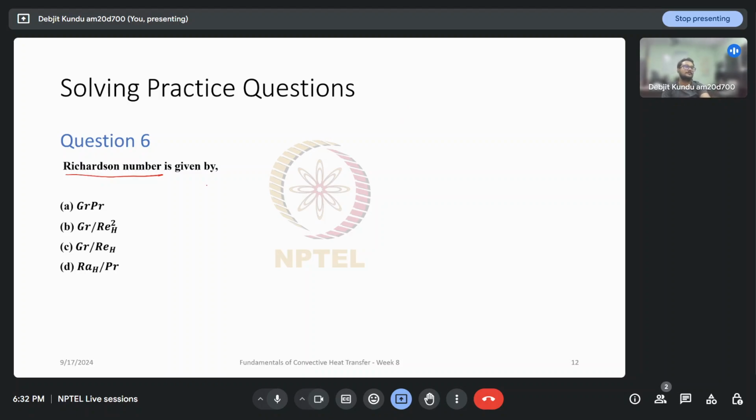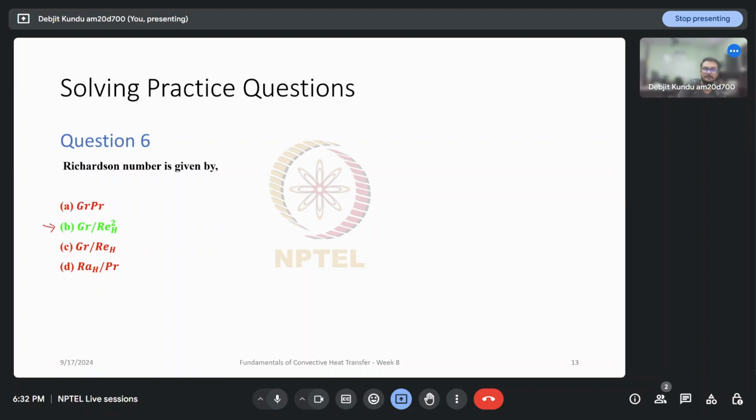Richardson number, often given by Ri with a suffix. All right, so let's take a look at the solution. It's actually option B, the ratio of Grashof number to the square of the Reynolds number.